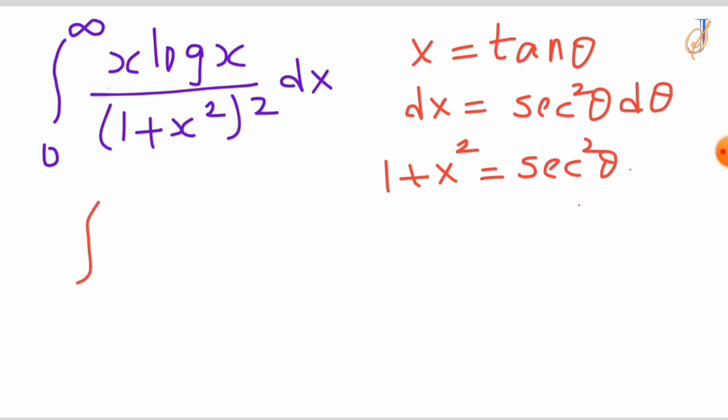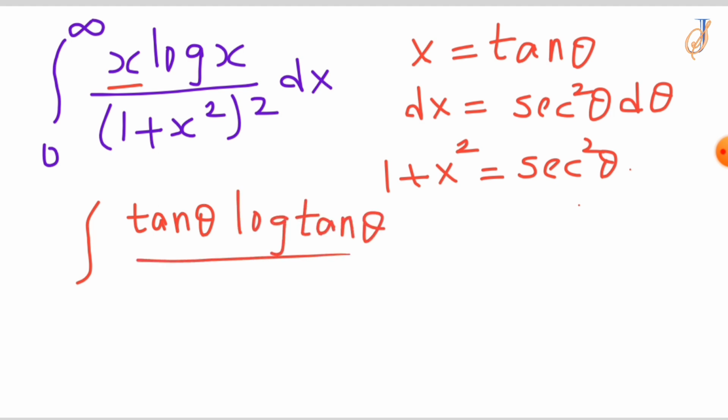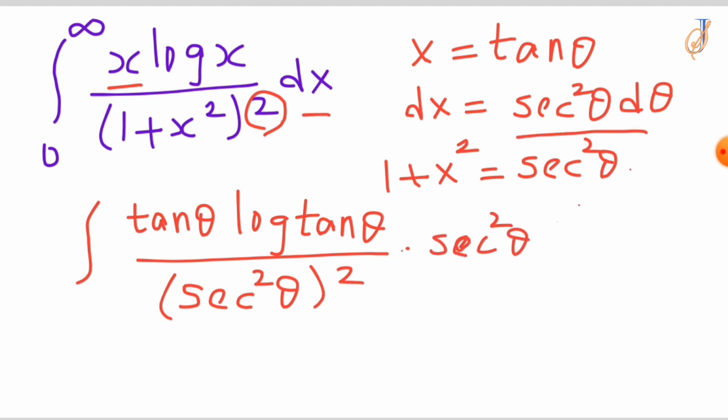The integral, x we consider as tan θ, so let's take tan θ, and log tan θ over (1 plus x², which is sec²θ) whole squared, times dx, which is nothing but sec²θ dθ. Here one sec²θ and here sec²θ get cancelled, so you are left only with sec²θ in the denominator.